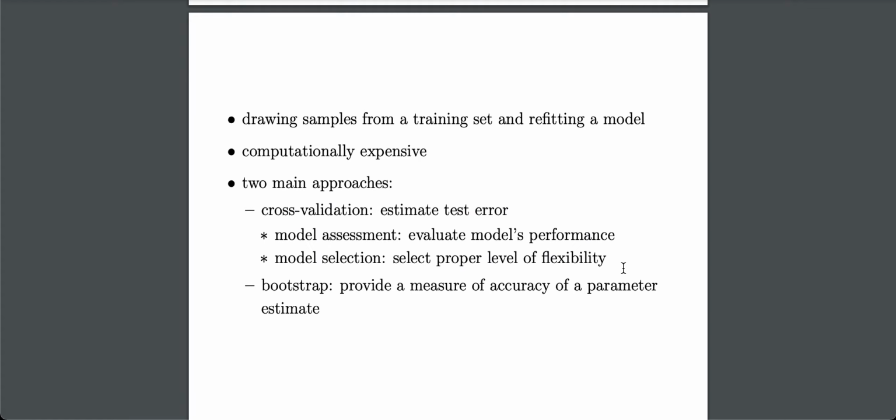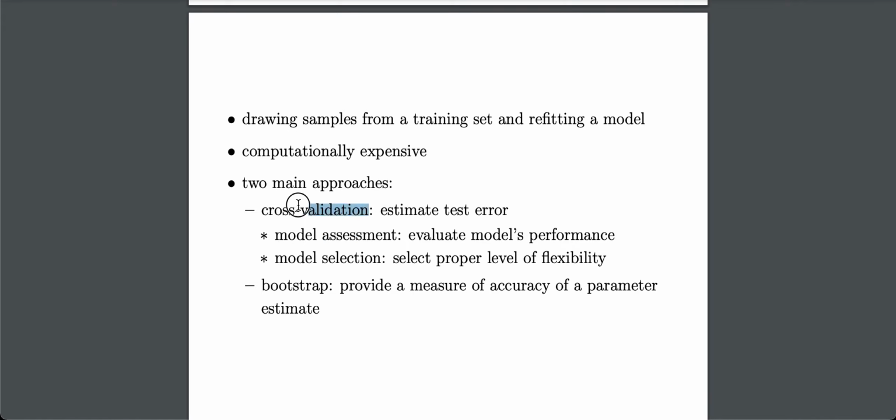Cross-validation is used for mainly two purposes. One is to evaluate the model's performance, which we call model assessment. Sometimes we like to know what is the risk involved in each prediction? How much should we expect to be off? That's model assessment.